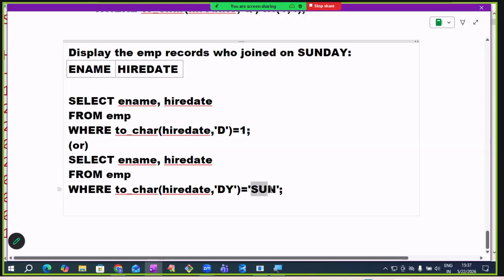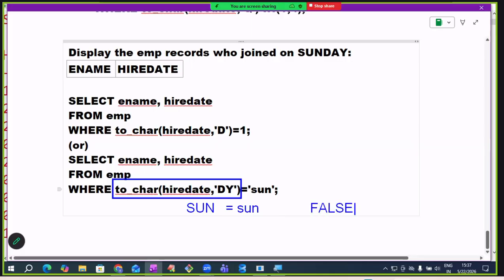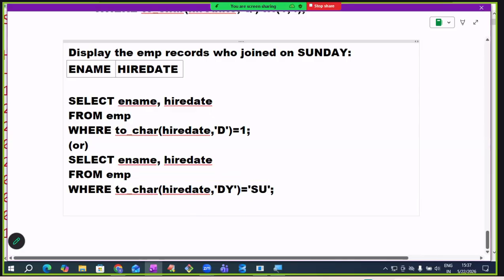If I write small letter sun here, I get the output as no rows selected. Because if an employee joined on Sunday, to_char returns SUN, but I am comparing with a small letter. The condition is false. All conditions will be false. String comparison is case sensitive. That is why to_char is returning capital letter SUN, and that is why we must compare with capital letter SUN.